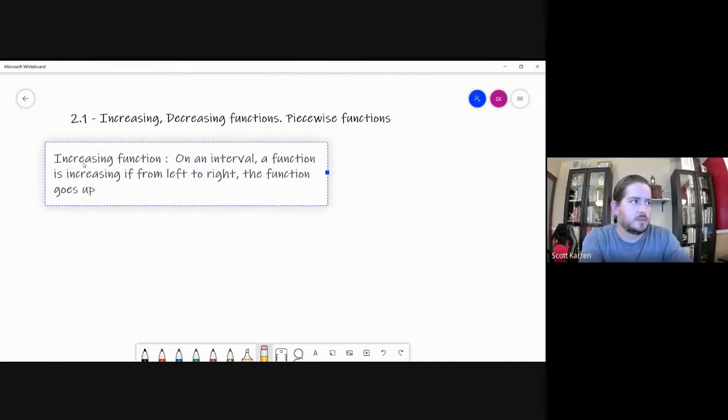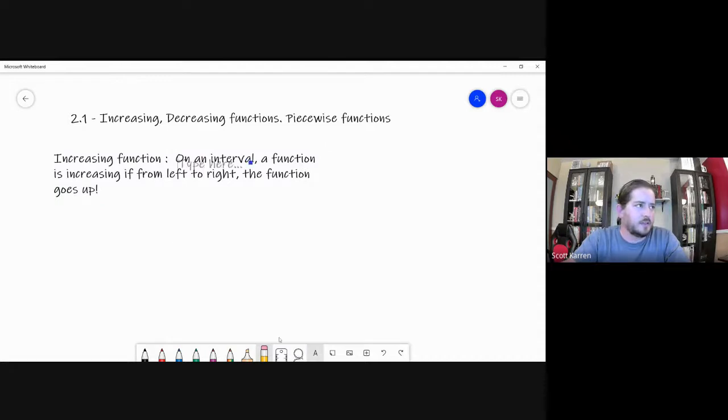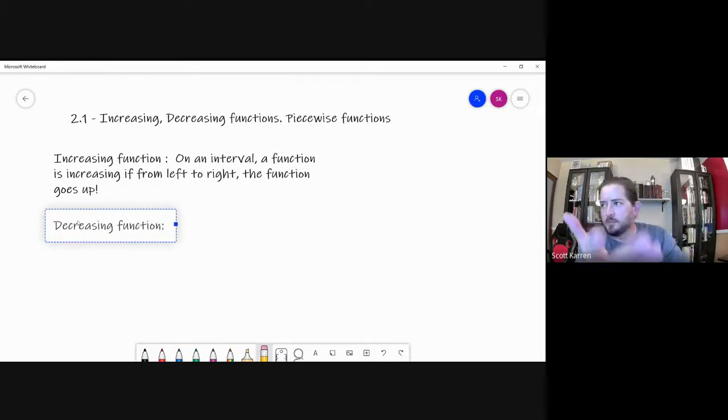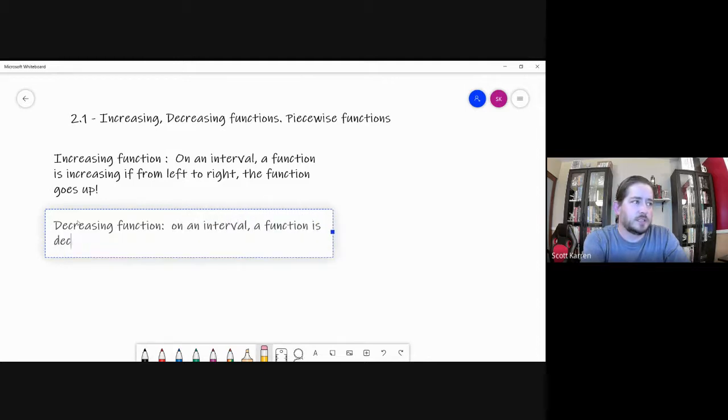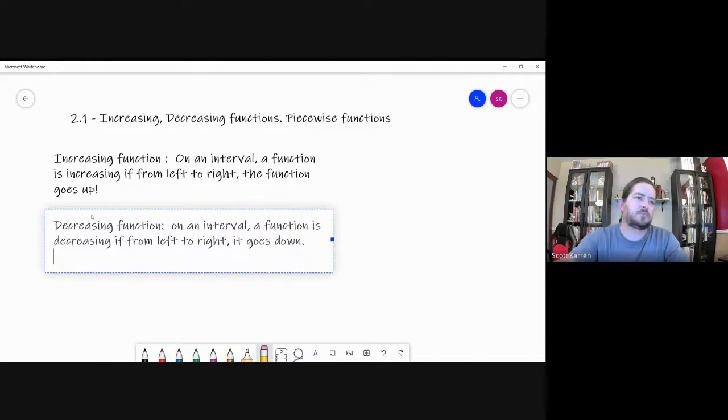And then on the other side, the decreasing function. A function may increase and decrease on different intervals, which is why we define it on an interval. So on an interval, a function is decreasing if from left to right, it decreases or goes down.